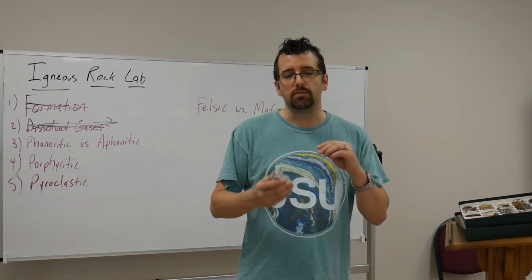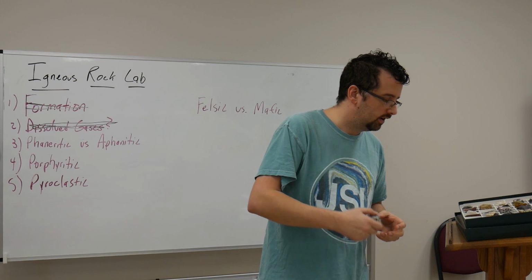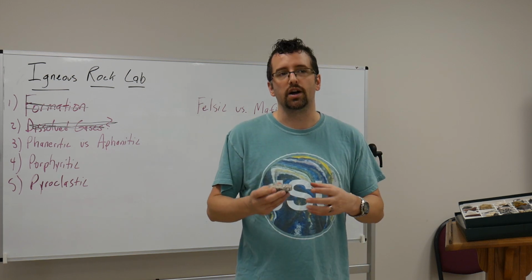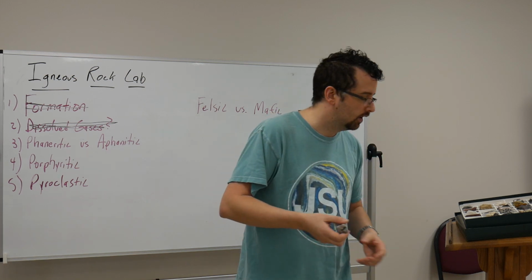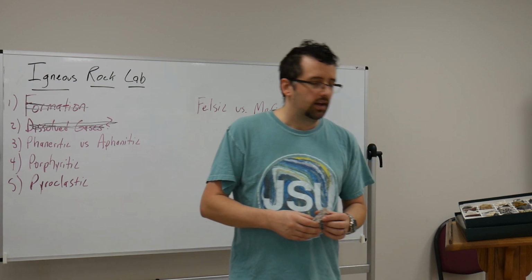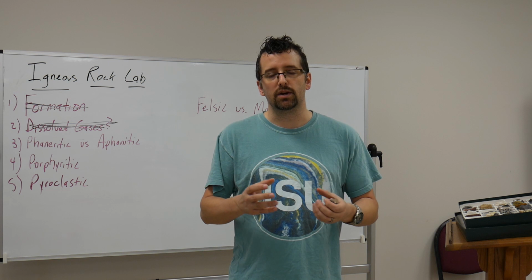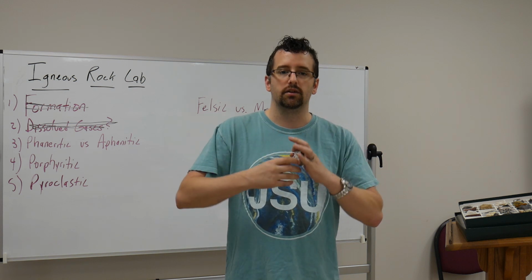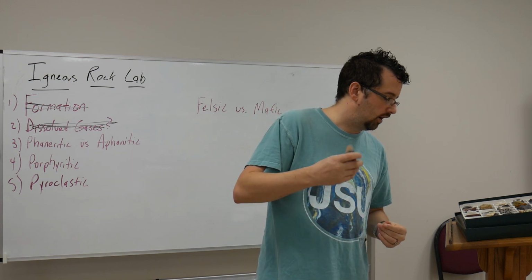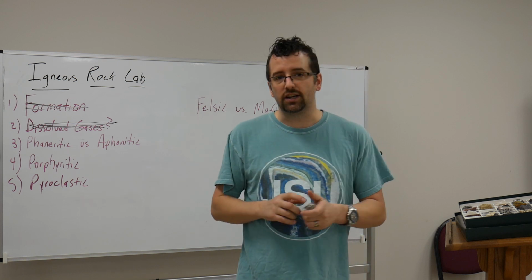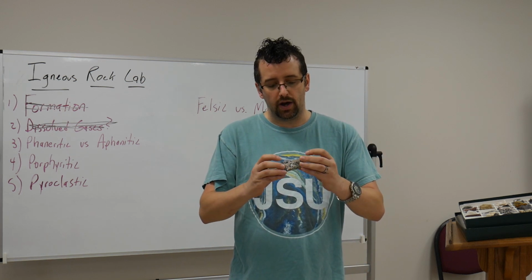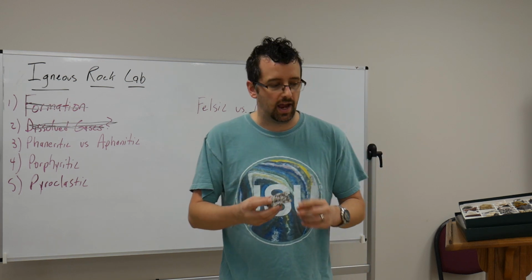So phaneritic means typically, and they're called plutonic rocks because they sometimes form from plutons, that they cooled very slowly. They cooled very slowly, and a lot of the minerals had a chance to kind of congeal together. Okay, and the phaneritic textures tend to be very distinct and large crystals.